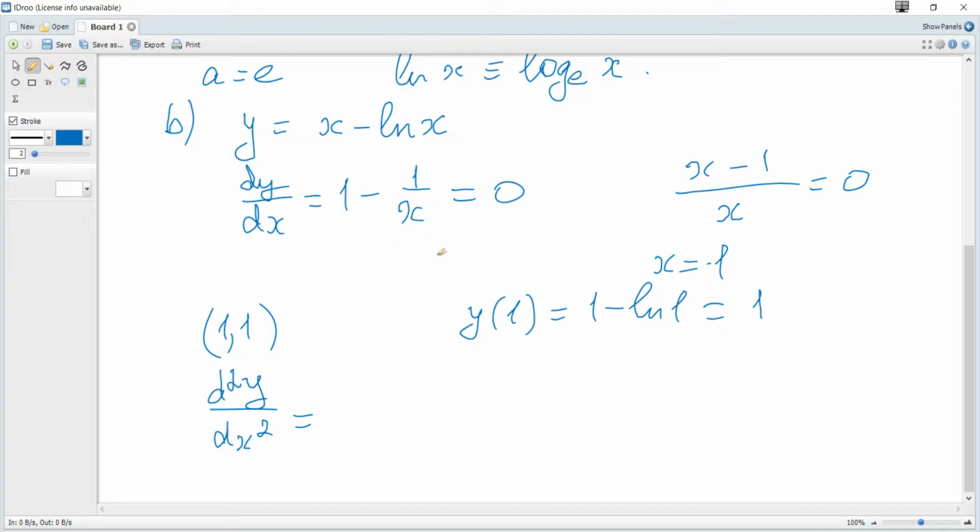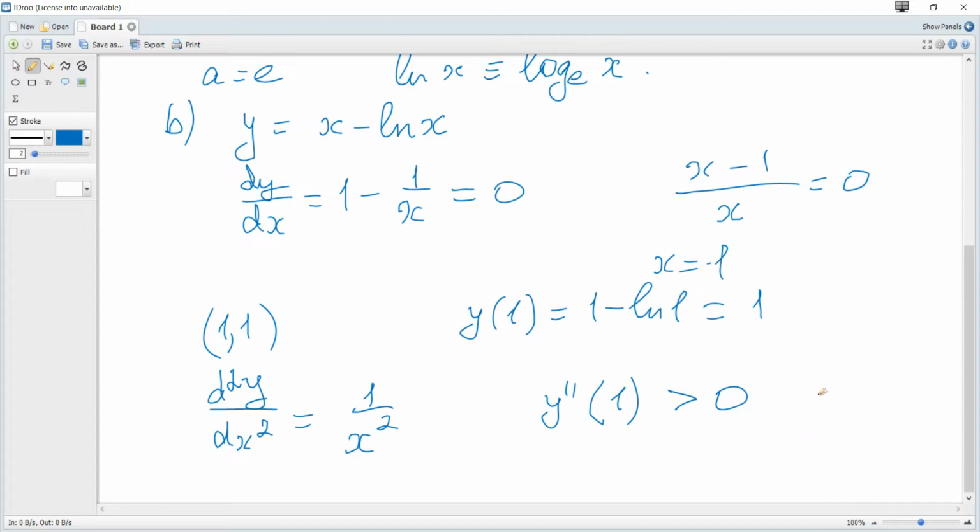It's x to the negative 1, negative 1 multiplied by x to the negative 2, but minus minus, so it's just plus 1 over x squared.